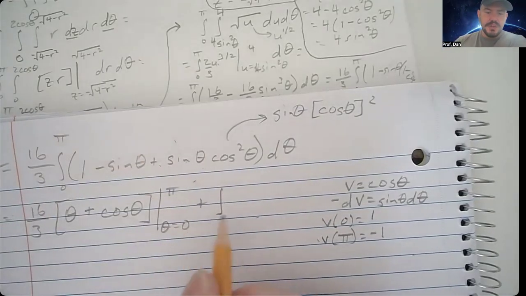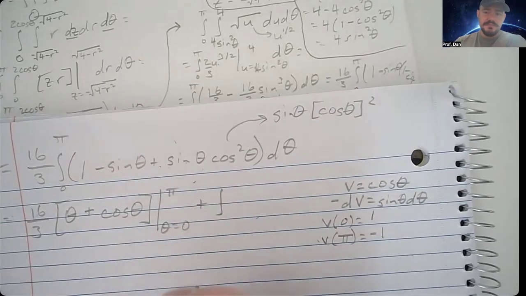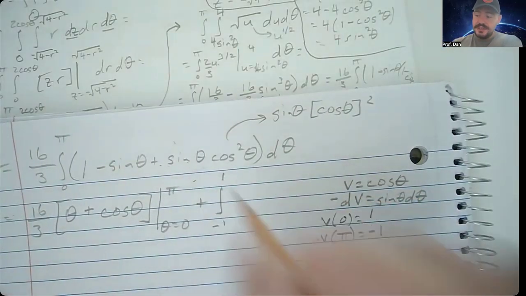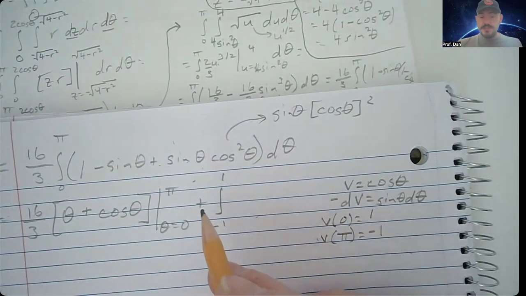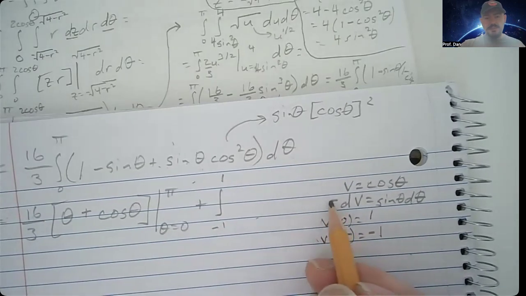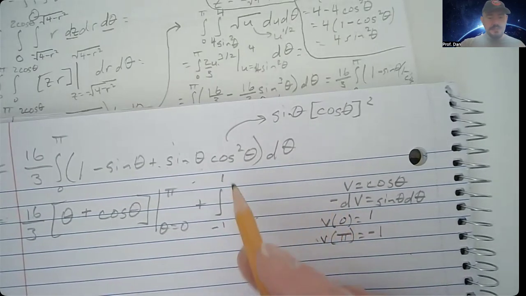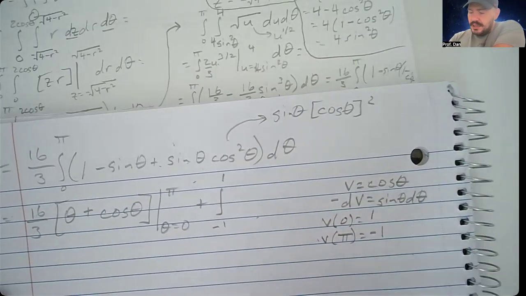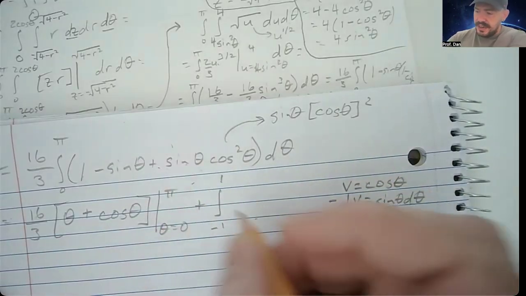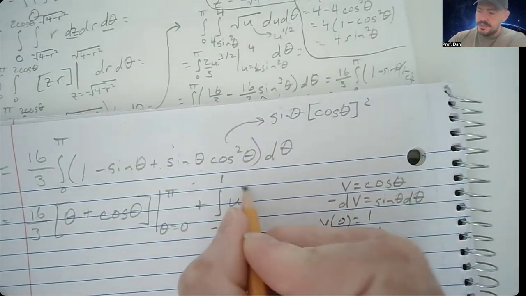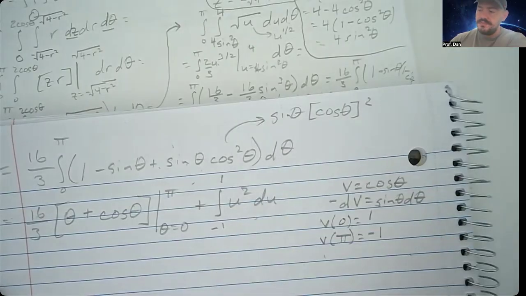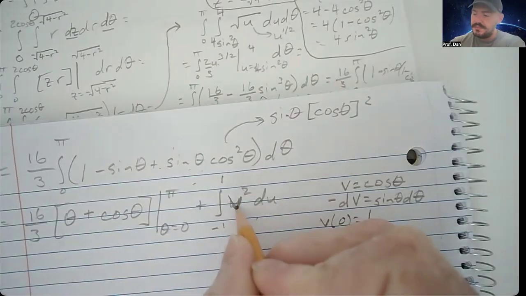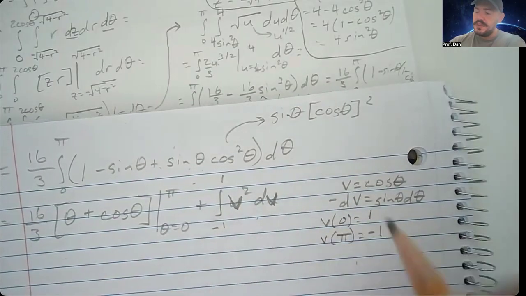So our bounds would be 1 to -1. It's kind of weird, so I'm going to switch it and write -1 to 1. And because of that, I'm going to switch the sign, right? Since we would be adding the negative from the dv, that would just become a positive. So then our integrand is just going to be v squared dv. Pretty simple one. My bad. There we go.